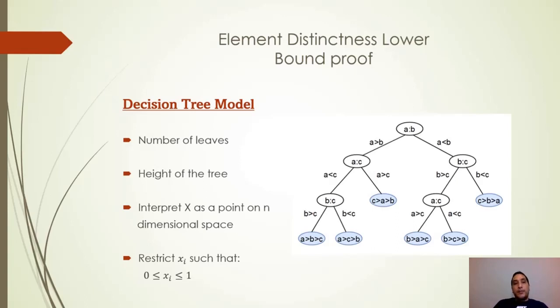And if X has three elements, then it will represent the x, y, z coordinates accordingly. We will restrict the values of X to simplify the process such that xi will be between 0 and 1.